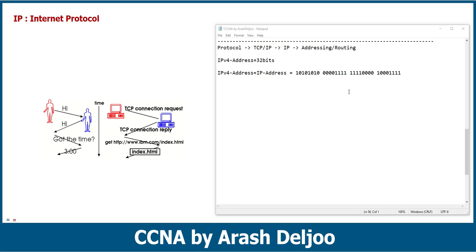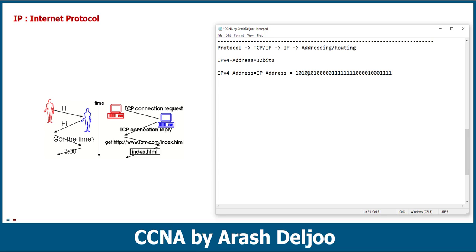Okay, let me start with these 32 bits. You know that each system in a network should have these 32 bits, and it's okay. But as you can see here, we have 32 bits of 0s and 1s, and this is a little hard to work with.